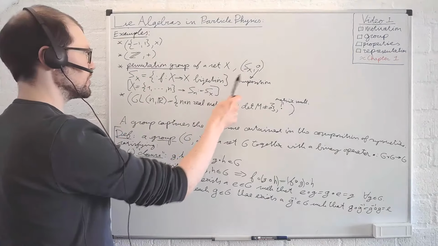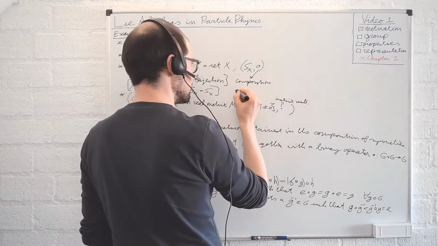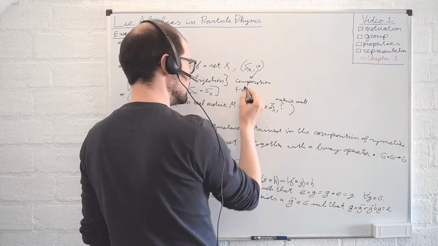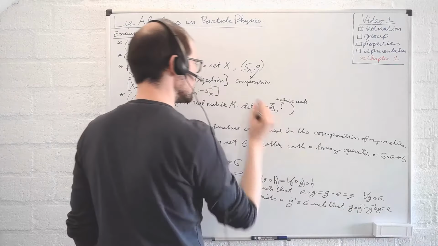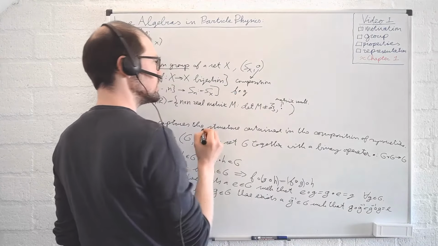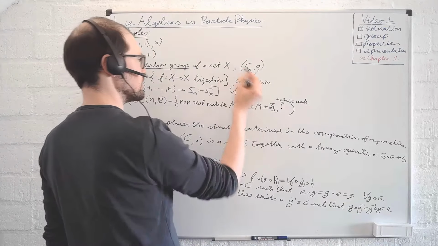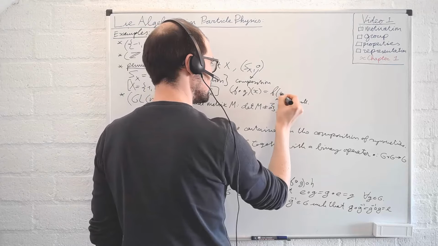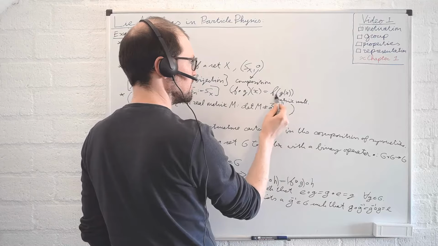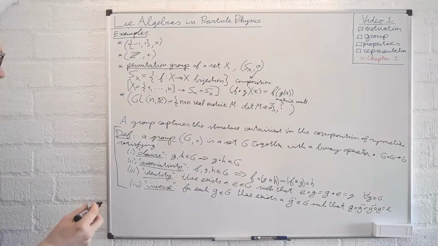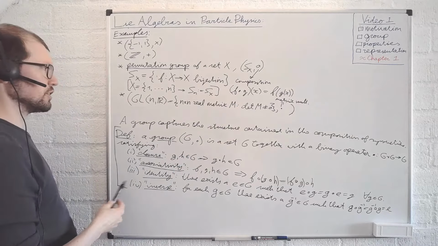Whenever I take the composition of two bijections f and g, it is the bijection that associates to x the element obtained by first taking the image under g and then under f. So I again get a bijection.